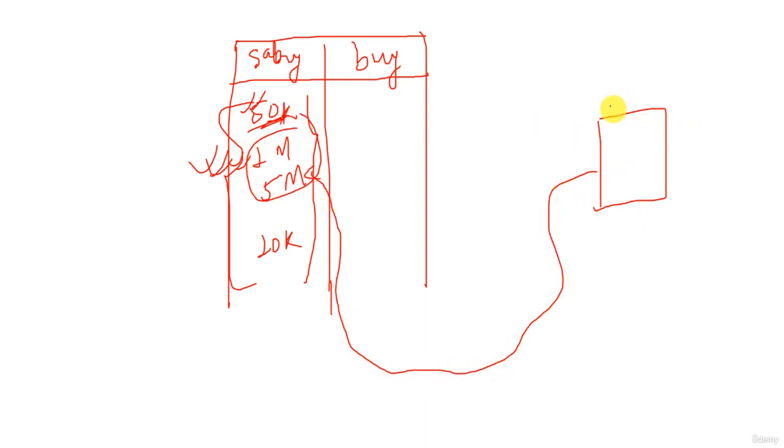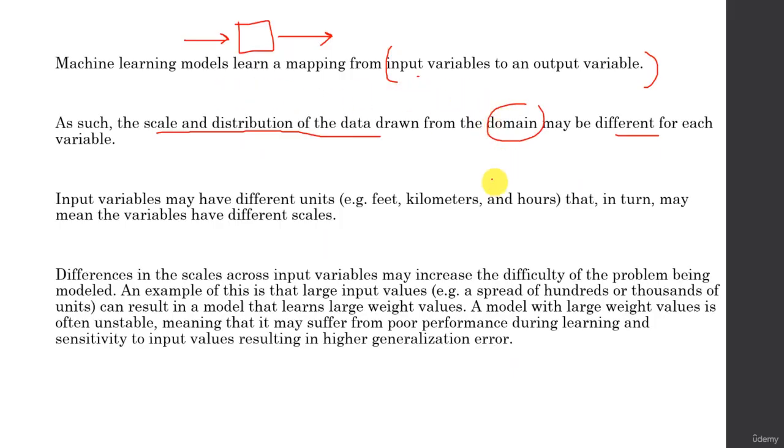Our algorithm tends to neglect the lesser values, and we don't want that. Our model should be created in a way that all those values are treated equally. Our model should not be biased. So that is the reason we need to perform a concept called feature transformation.